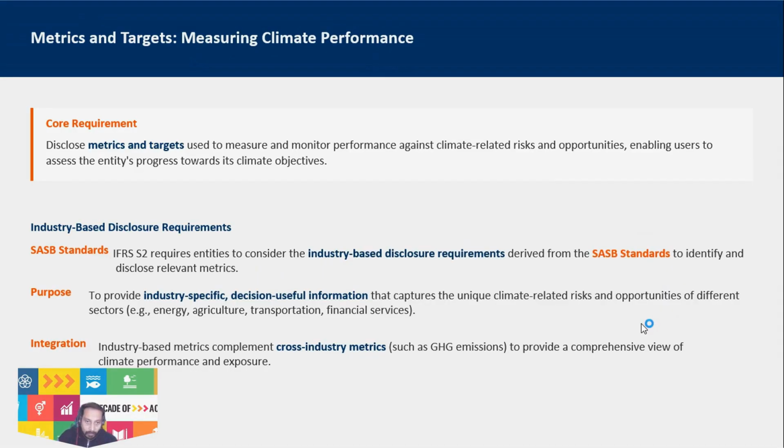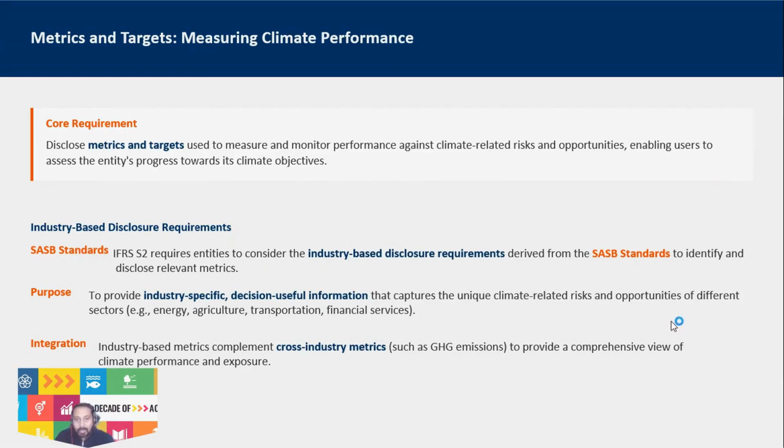You can download it from the IFRS website, as the SASB standard is already available. And the purpose is industry-specific, decision-useful information for the E, S, and G. And the integration is there, that industry-based metrics complement the cross-industry metrics. So scope 1 to 3 is very much a common metric for every sector.